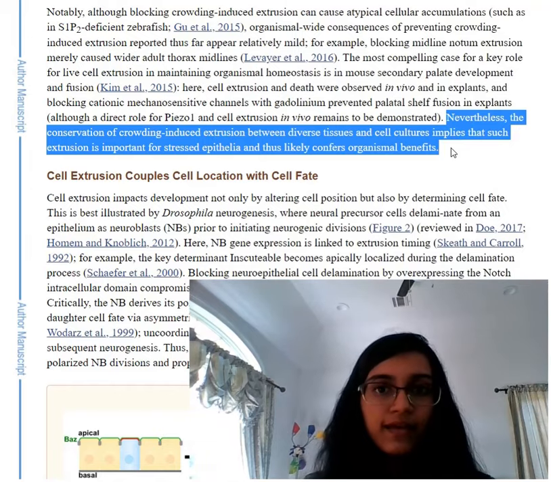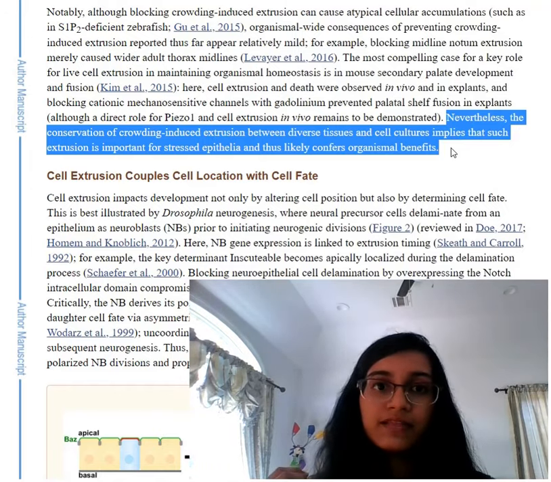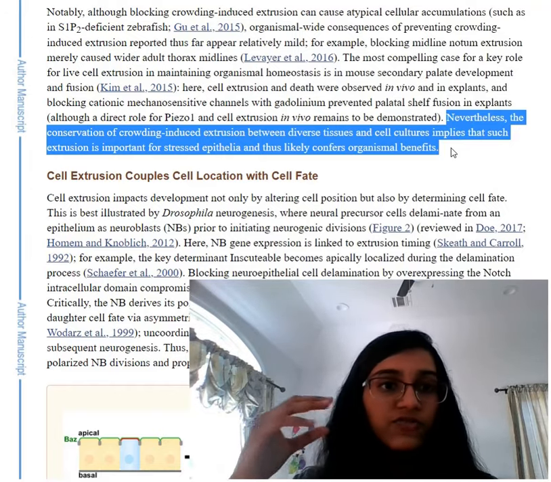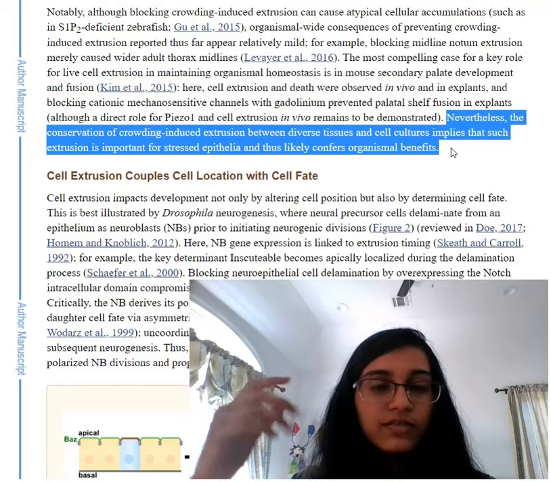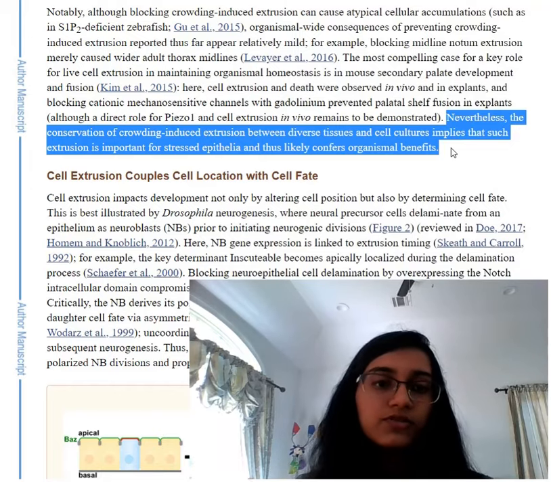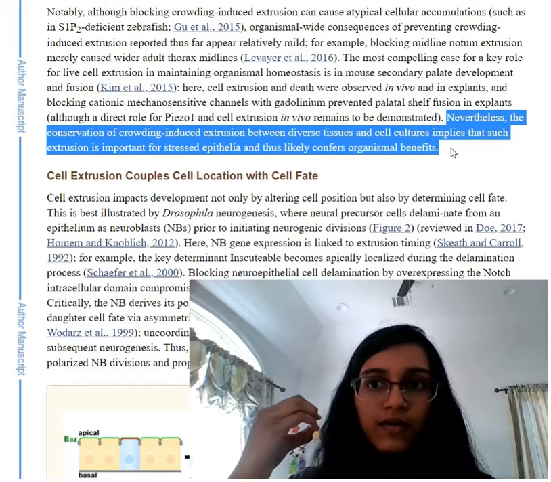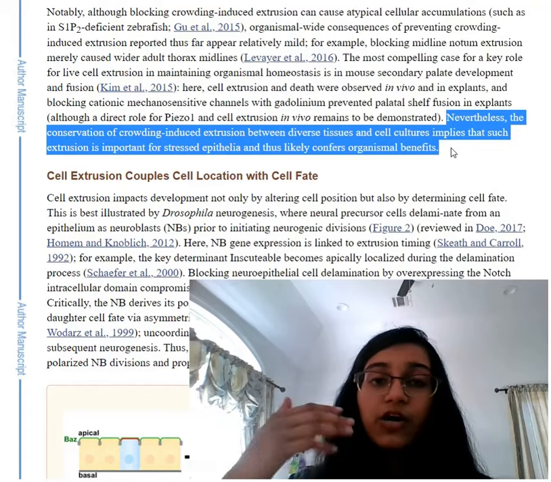Essentially, as we previously figured out from the diagrams and from the first two paragraphs, the conservation of crowding-induced extrusion essentially helps to ease stressed epithelium, and this helps the entire organism.